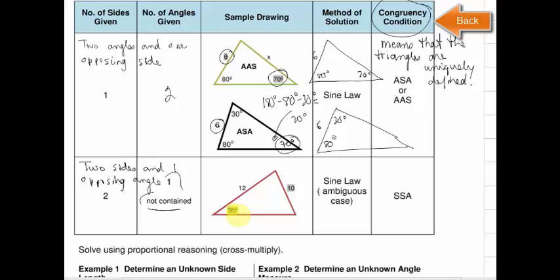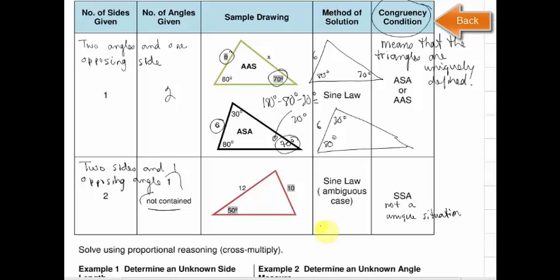If you want, you can go the other way around, angle, side, side. But what's important here is that a side-side angle is not a unique situation. Okay, it can be, but at the same time it might not be.